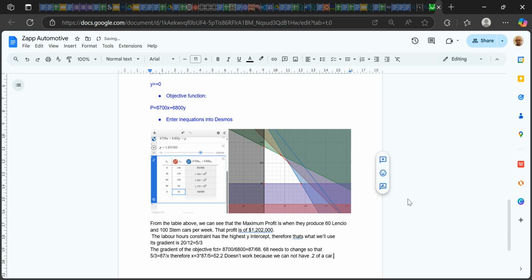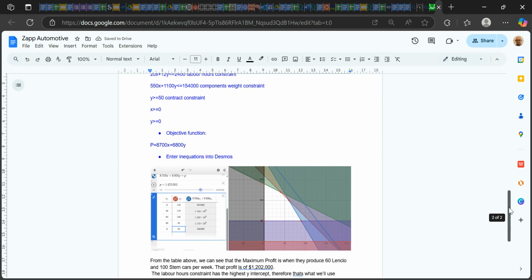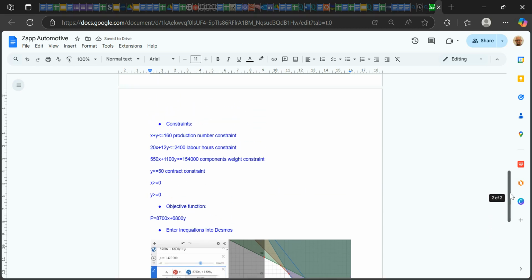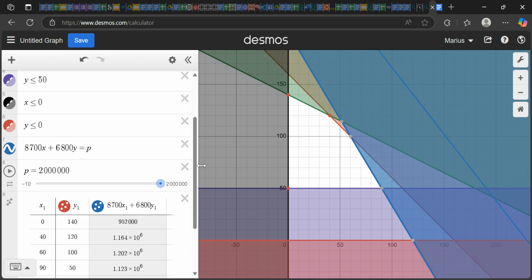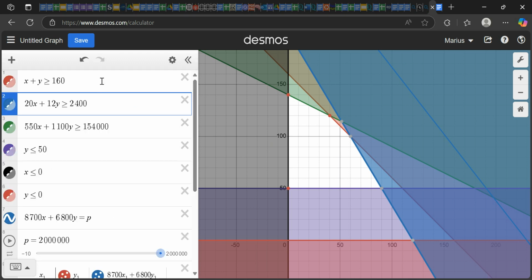All right. What other constraint can we use? Let's have a look at this. How about if I highlight this one? Yeah, that is the next steepest.